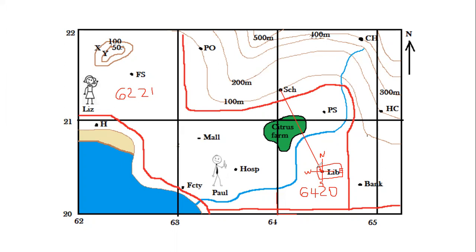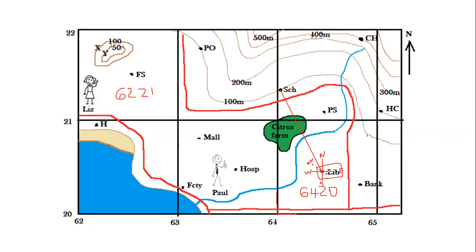Now, halfway between north and west is northwest. And halfway between northwest and north is north-northwest. So the direction of the school from the library is north-northwest.